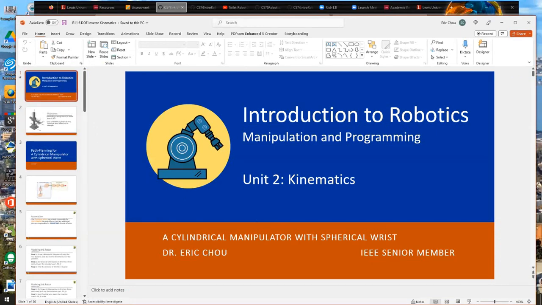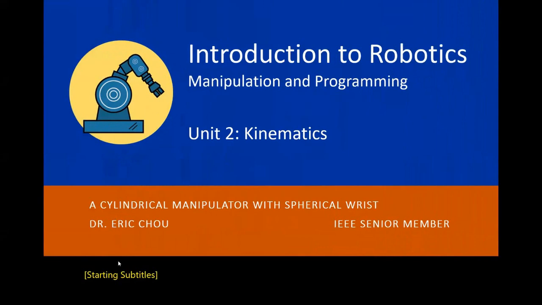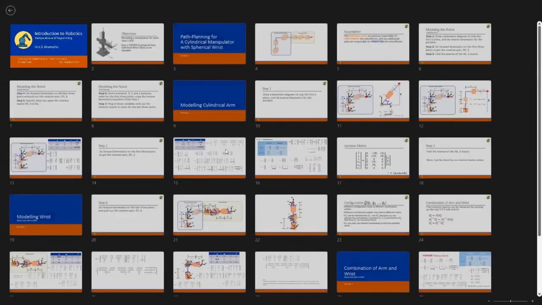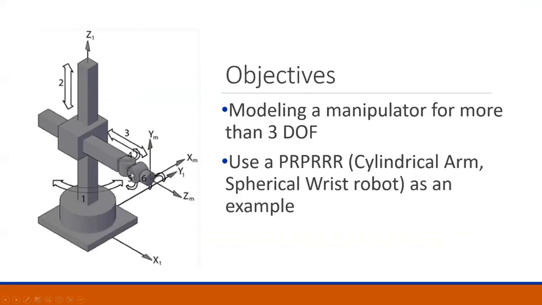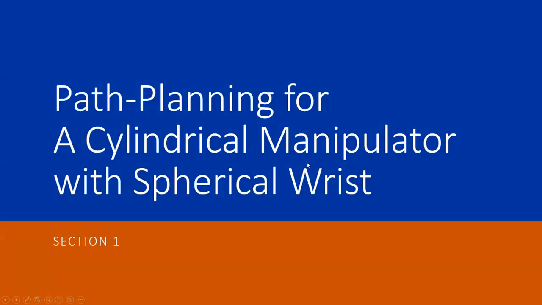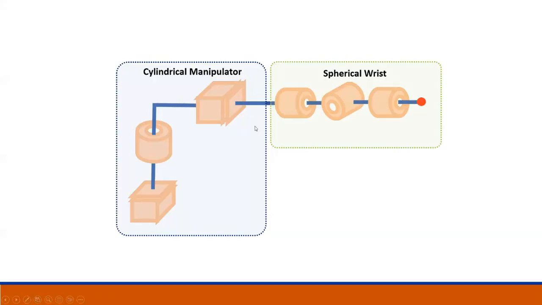We do have a video in the lab, and also sample code, that talks about the first 3 degrees of freedom, the manipulator. These are the arm portion. So this is a PRP, RRR cylindrical arm spherical wrist robot, an example of that. And we do derive everything.